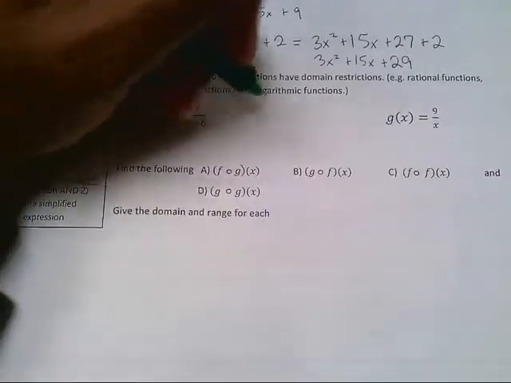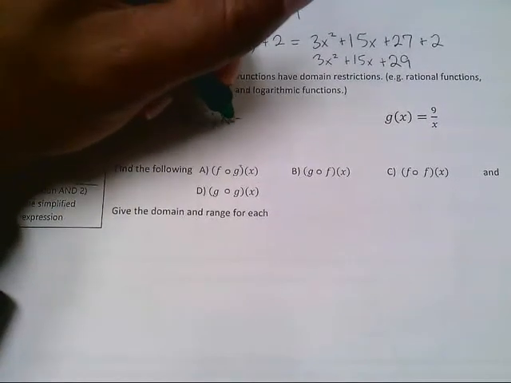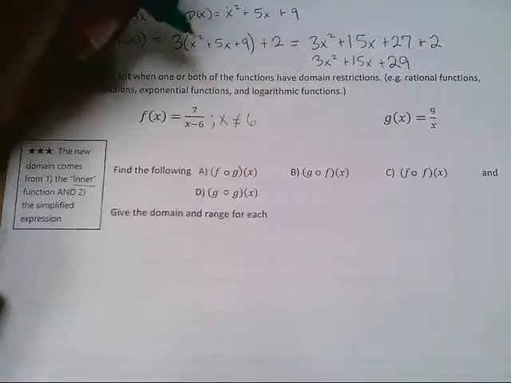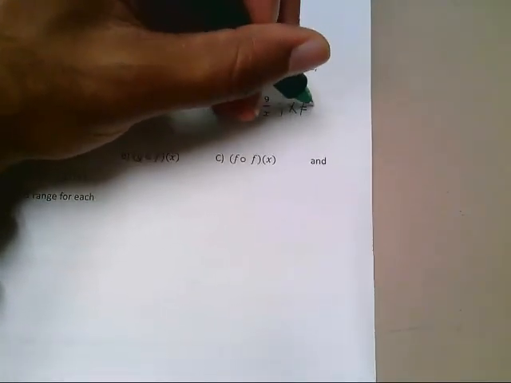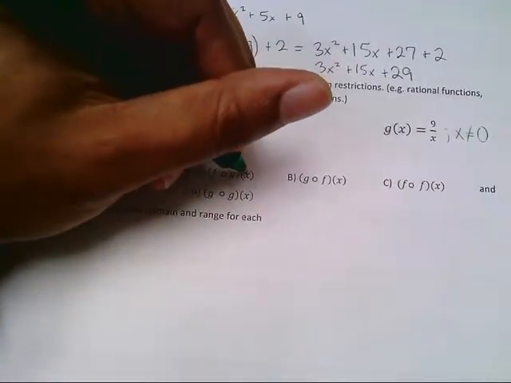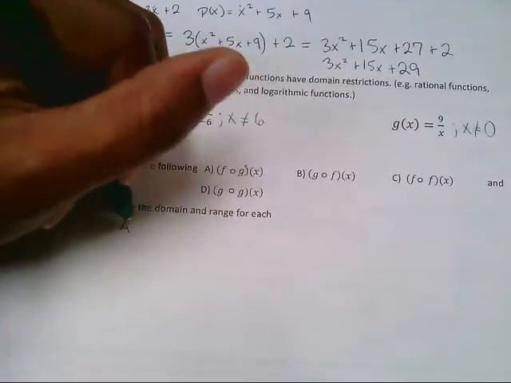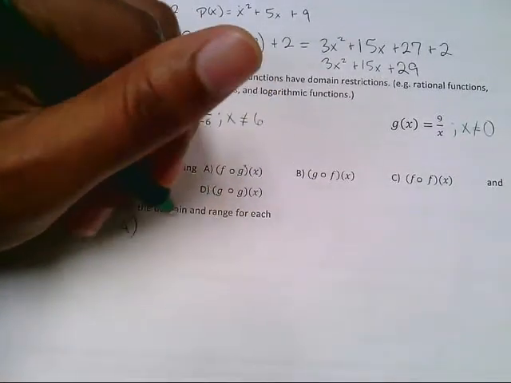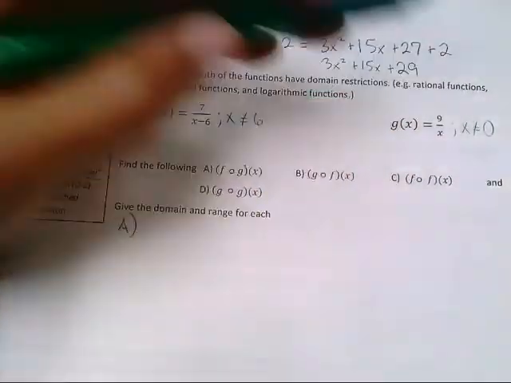So up here for f of x, the domain is going to be x cannot be positive 6, and for g of x, our domain is going to be x cannot be 0. So now, for f of g of x, for part A, we know that for g of x, the domain is going to be x does not equal 0.